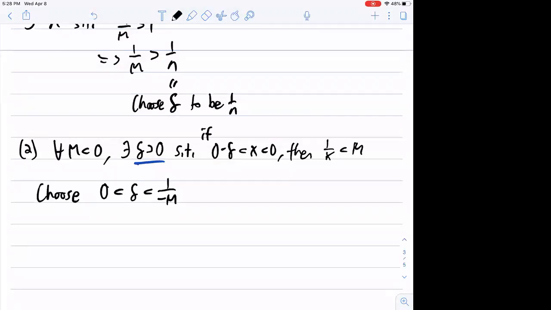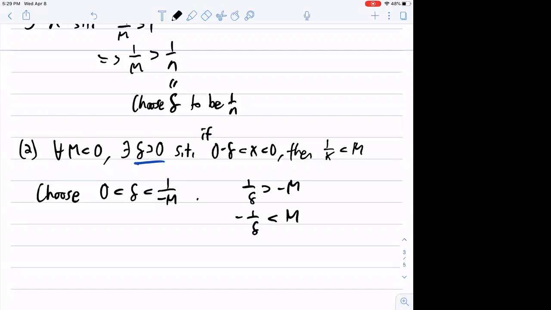And then it's just inequality game from here on, right? From the first part, if you flip everything, 1 over delta is bigger than negative m. So negative 1 over delta is less than m, right?